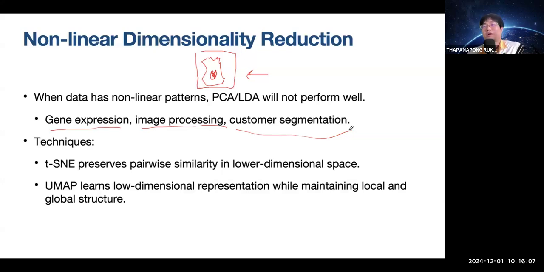We're going to learn two techniques in this class: t-SNE and UMAP. t-SNE is going to preserve pairwise similarity in a lower dimensional space. It is fully unsupervised: no target, no category, just numeric features.